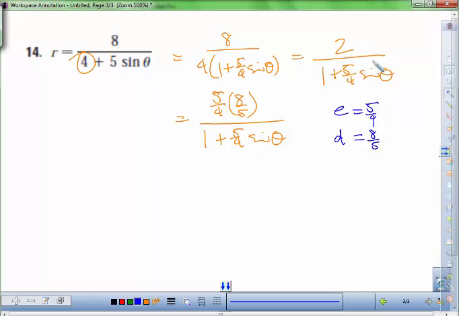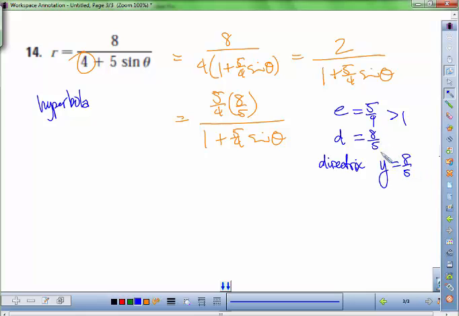And now you look at the sine. It's not a cosine, it's a sine. So what's the actual equation of your directrix? It's y equals 8/5. Okay, so is this a hyperbola, a parabola, or an ellipse? e is bigger than 1, so it should be a hyperbola, right? So we know that this is a hyperbola.